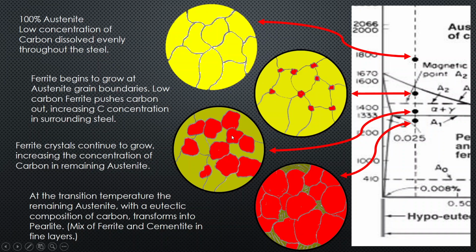As these crystals get bigger, they're still very pure and they cool down here, and the surrounding material has its carbon concentration continue to increase. That's why I've drawn a slightly darker shade of yellow. And now when we make this final transition right here, our crystals of ferrite have grown as large as they can based on the thermodynamics of the material.